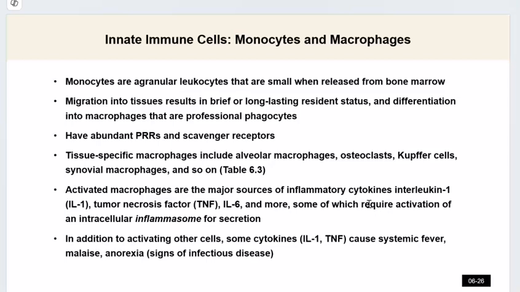A whole lot of words. Remember, when an infection or an injury occurs, these soldier out there sentinel macrophages detect cell damage and migrate to that area by a process called chemotaxis. Chemotaxis is the movement of a cell towards or away from a chemical stimulus.